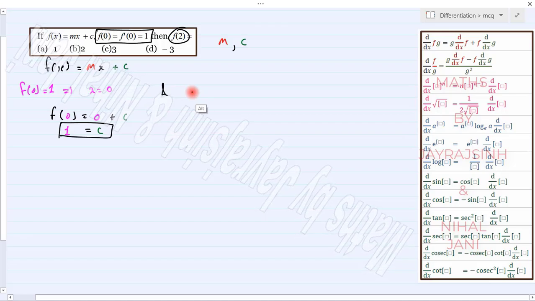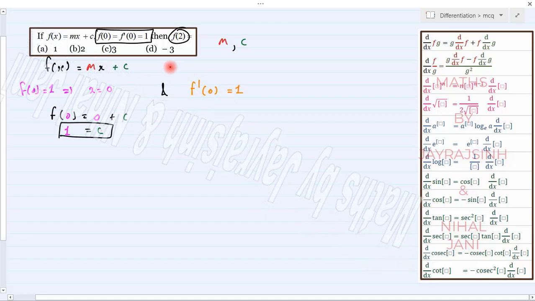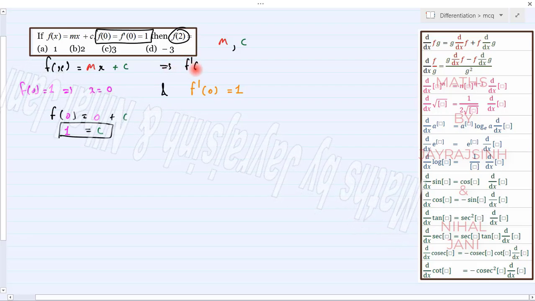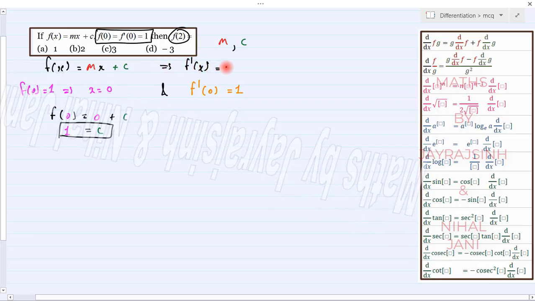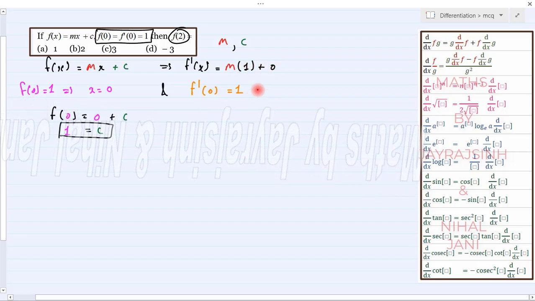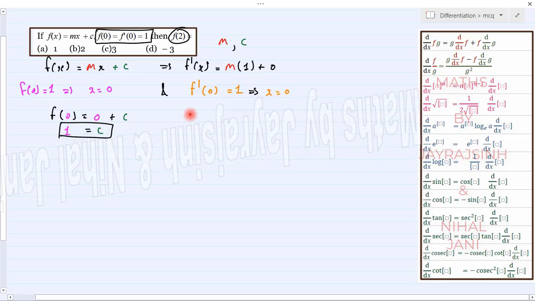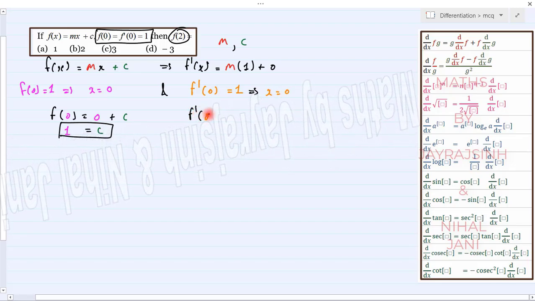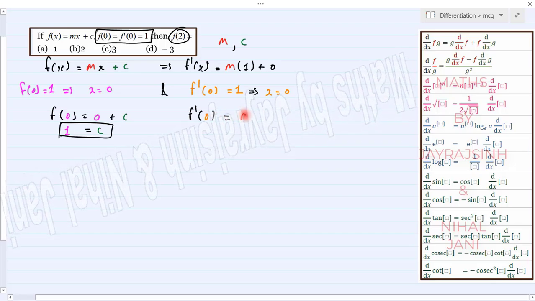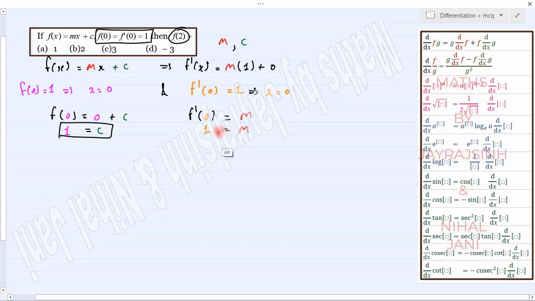And the second condition is f dash 0 is equal to 1. So first of all, let's get f dash x, which is simply m into 1 plus 0. So let's substitute x is equal to 0. So here we'll get f dash 0 is equal to m, or we can say 1 is equal to m.